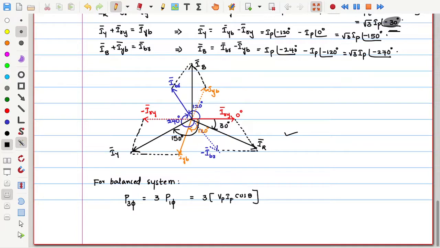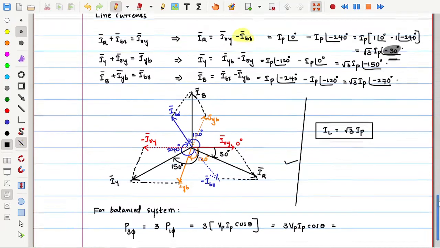This we saw previously, the active power and reactive power relationship. This can also be written simply as 3 times the voltage and current magnitudes into cos theta. Further, try to observe that the line current magnitude is equal to root 3 times the phase current magnitude.